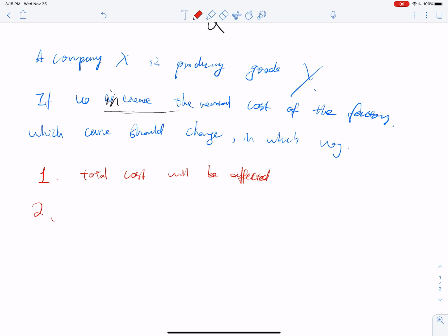But is that all? Actually, no, right? Because rental cost doesn't just affect total cost. If it's affecting total cost, it means it's one of the two costs, either variable cost or fixed cost. And think about rental cost. Rental cost means it's fixed cost, right? It doesn't mean that the more goods you're producing, the higher rental cost you're going to pay. If you're renting a factory, you're renting it with a static monthly rent.